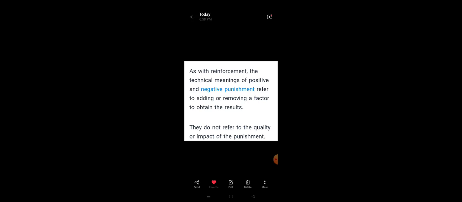I need the undesired behavior to be reduced. My only aim is to get rid of the bad behavior by positive punishment or negative punishment. So I'm going to add or remove a factor. Let's see here how.